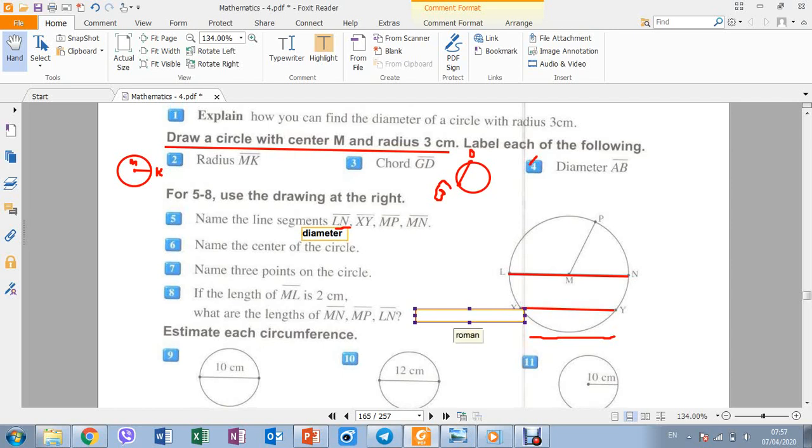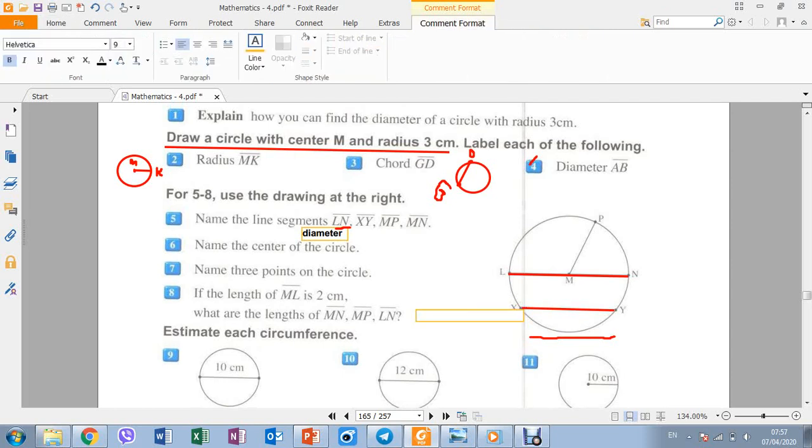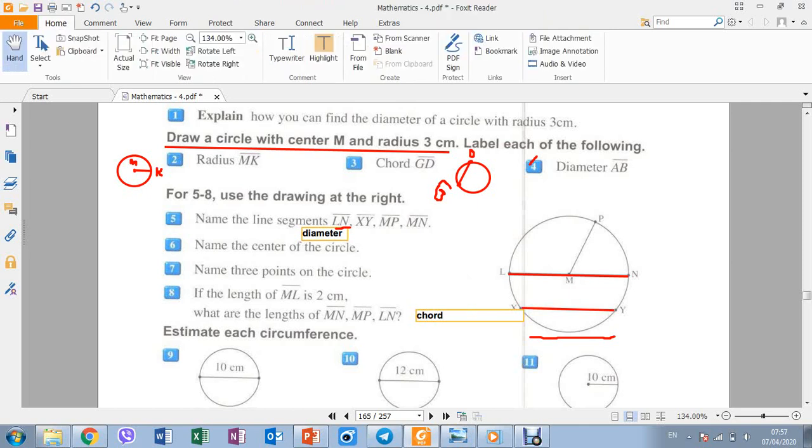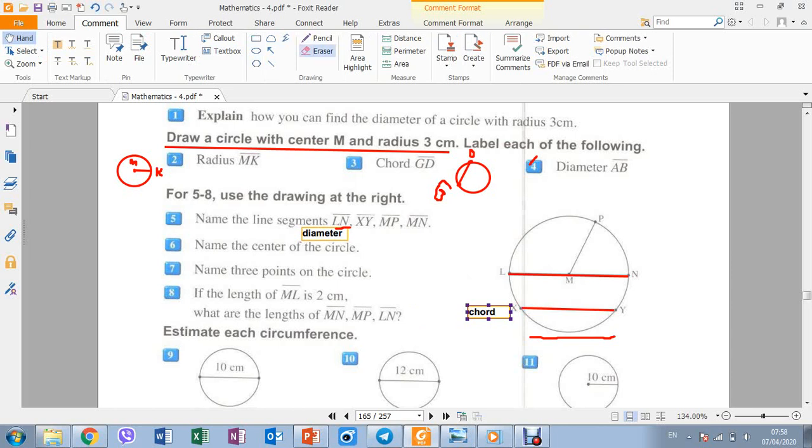Chord. Chord, okay. And these two ones are your homework, okay. And this one is your homework.